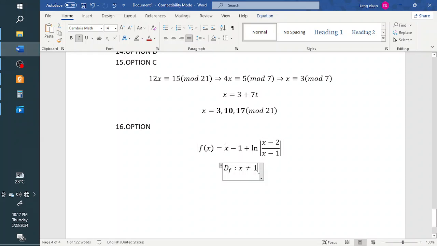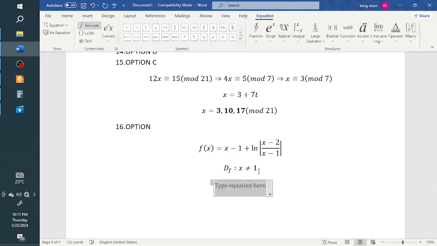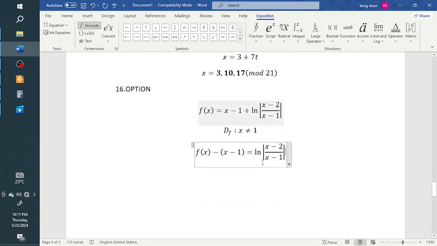So if this function is approximating to this function at plus or minus infinity, then this function is an oblique asymptote. In a nutshell, if I take f of x minus (x minus 1), I am going to have the ln of the absolute value of (x minus 2) divided by (x minus 1). By definition, if the limit of this is equal to 0, then we call x minus 1 an oblique asymptote, and clearly the limit is 0, because the interior will be going to 1 at plus or minus infinity, and the Napierian logarithm of 1 is 0.